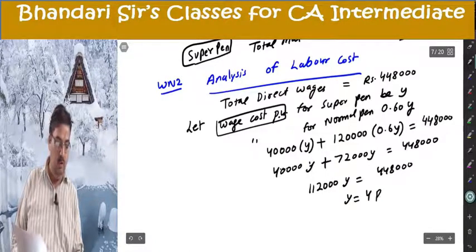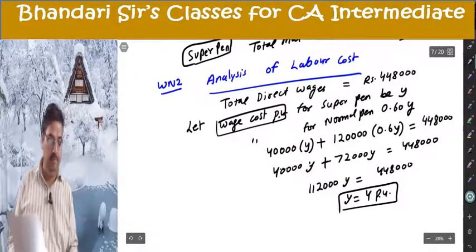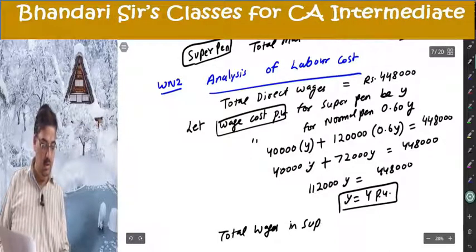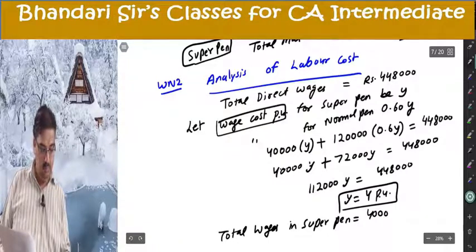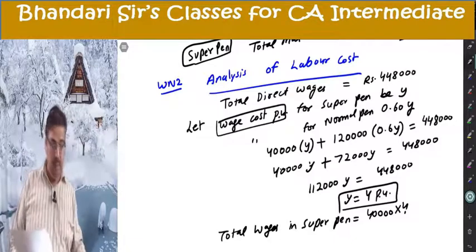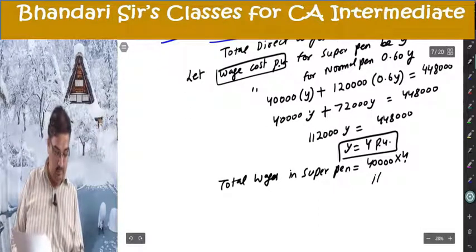Y is equal to 4 per unit, and this is for super pen. Total wages in super pen, 40,000 into 4, again 1,60,000.